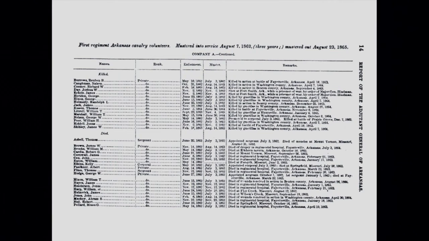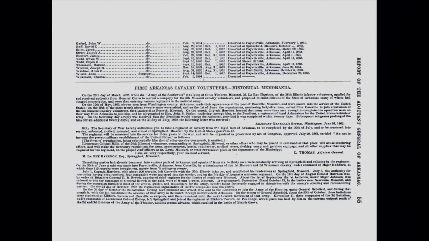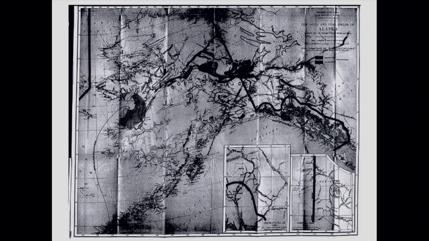In this case, this is a page about the 1st Regiment of Arkansas Cavalry Volunteers, mustered into service in 1862, with lists of names of those who were killed or died from non-military causes. And at the end, after a list of those, it provides some memoranda and information about where the unit went, what battles it fought in, and that sort of thing. It's just very dense, but informative.